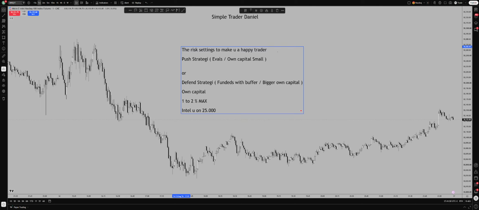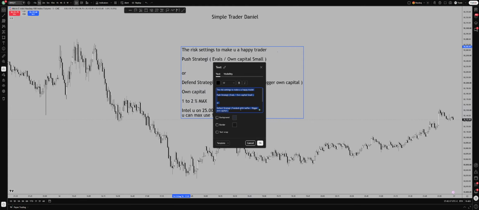When you pass 20,000, 25,000, something new will happen. You can max use 1%. That's how much you can risk. That's the maximum. If you're under, you can use 1 to 2%. That's it. But when you're 25% over, you can use less than 1%. But that's on your own account.